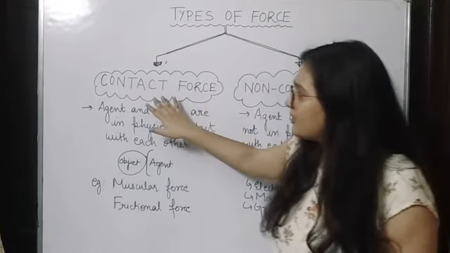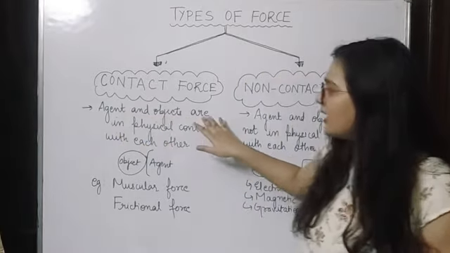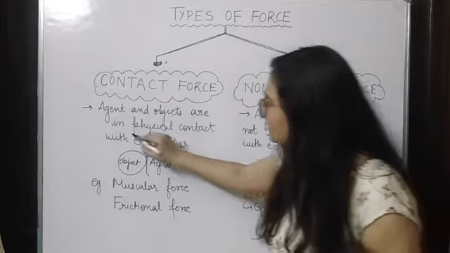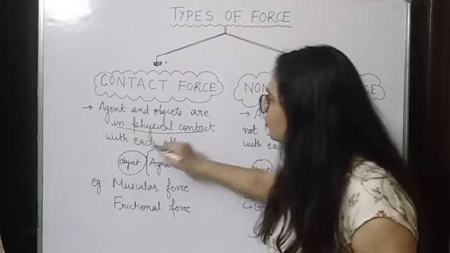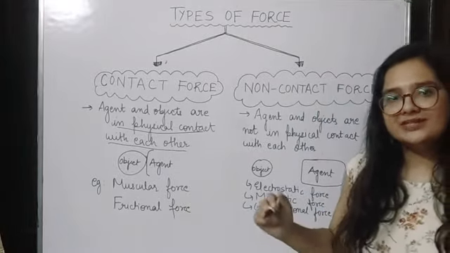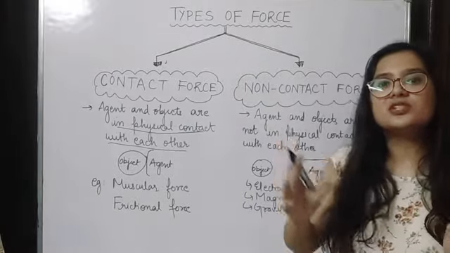So contact forces are those forces in which the agent and the object are in physical contact with each other. So this is important, class. The agent is the one who is applying the force, and the object is the one on which force is being applied.